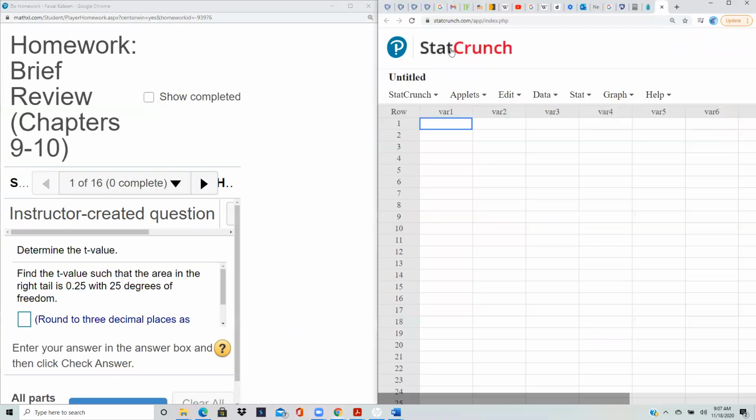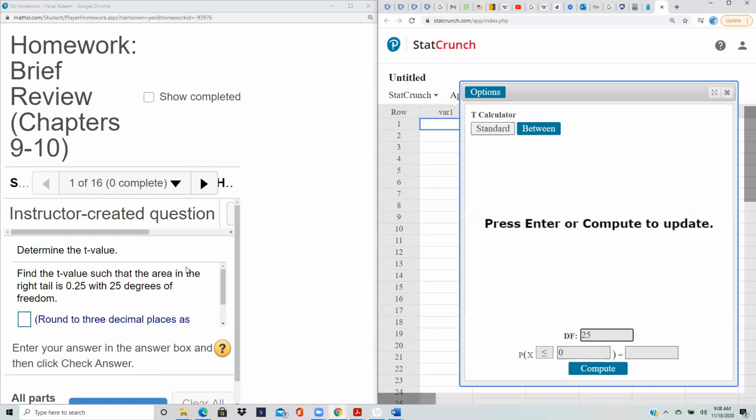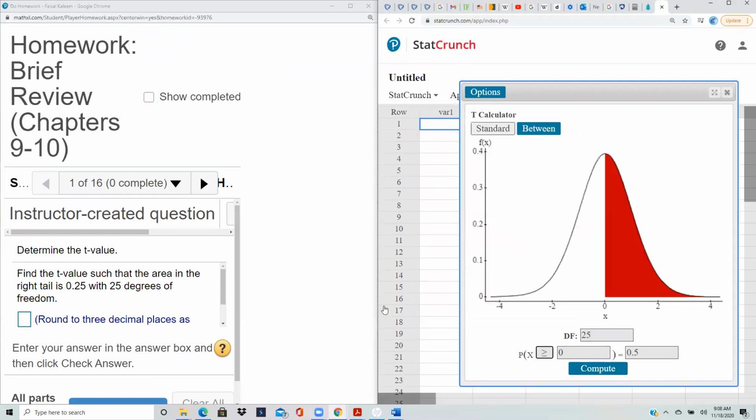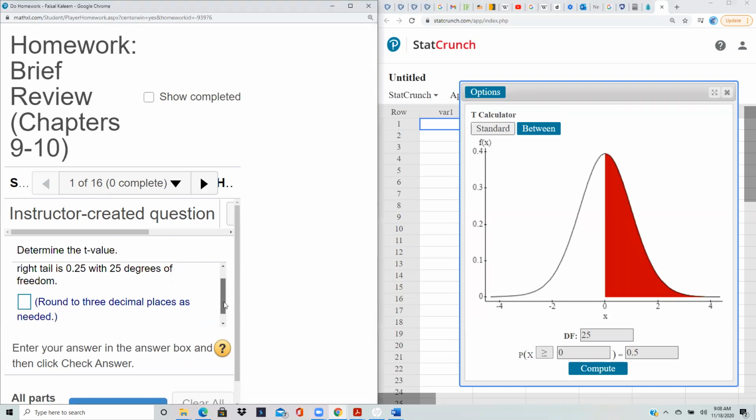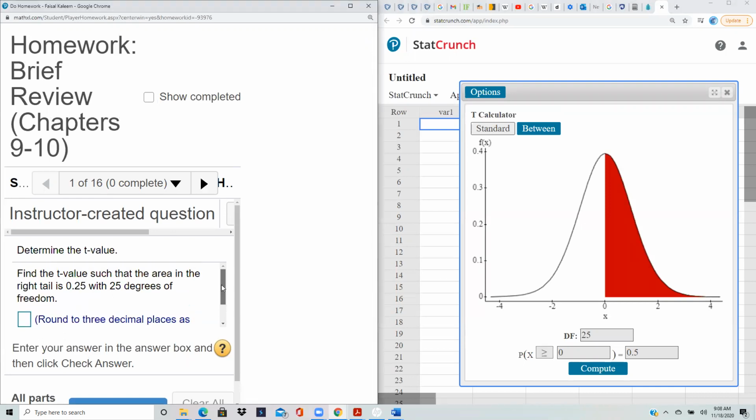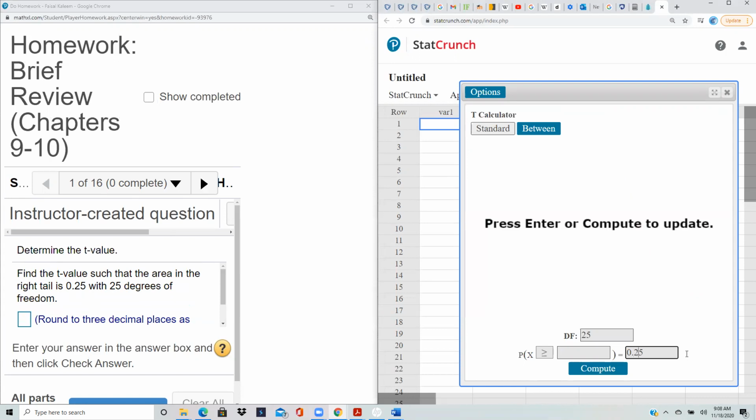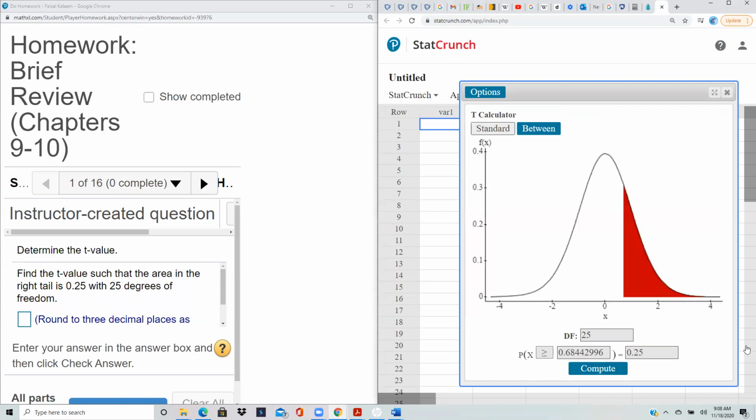All right, so right tail would be greater than. Okay, and then the other number we'll put in the area box. Right, so the area in the right tail is 0.25. Okay, so 0.684.